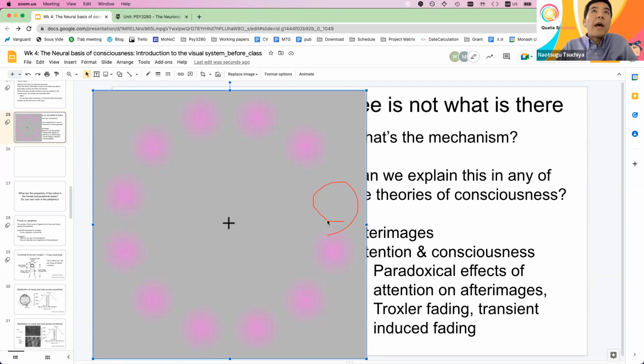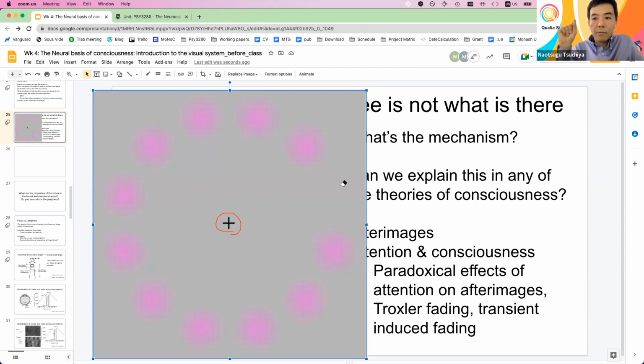Okay. So then, even if you look at this here, and then don't move your eyes, what happens? If you don't move your eyes with this, then what I hope you to see is that the periphery starts to fade and the pink starts to become like gray.